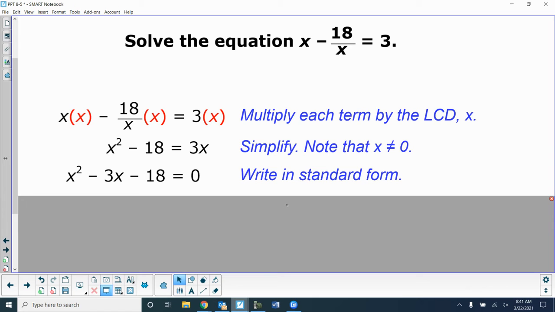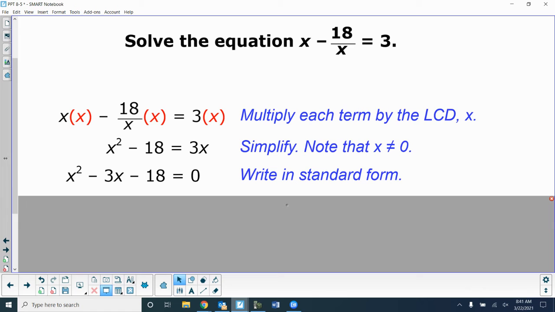All right? So Kennedy, what are the factors of negative 18 that when I add them will give me negative 3? You can't give me two numbers that multiply to give me negative 18? Sure you can. Zach?